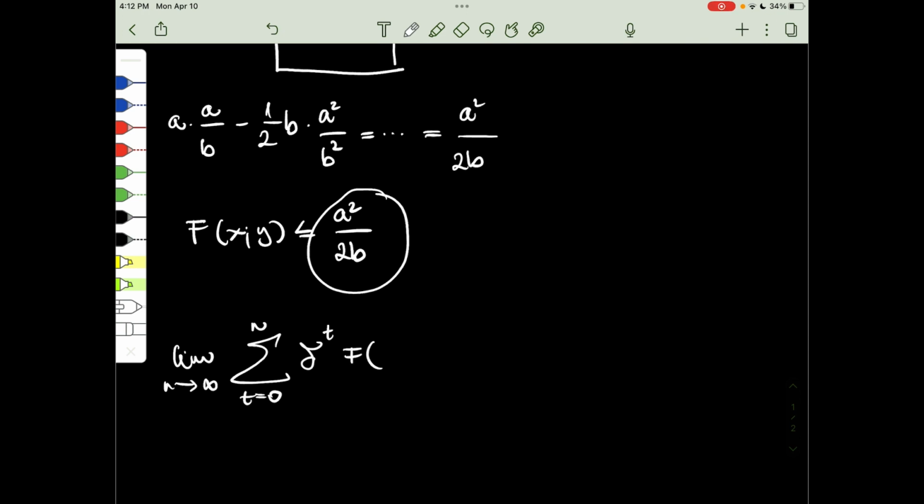This is the maximum problem of the firm, and it's lower than this expression. So we're going to use the upper bound for the one period return function.